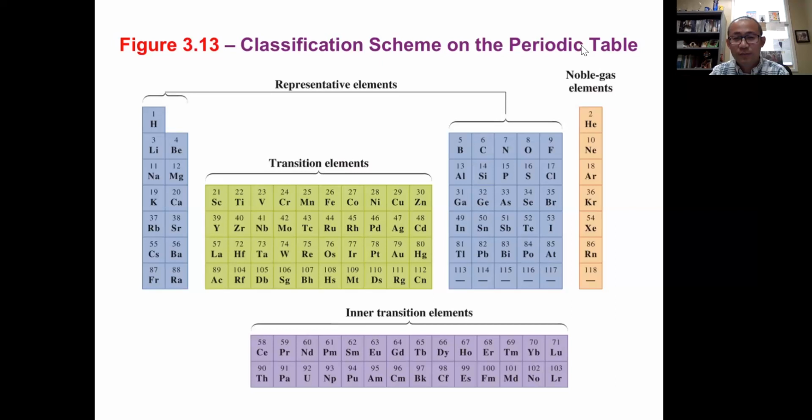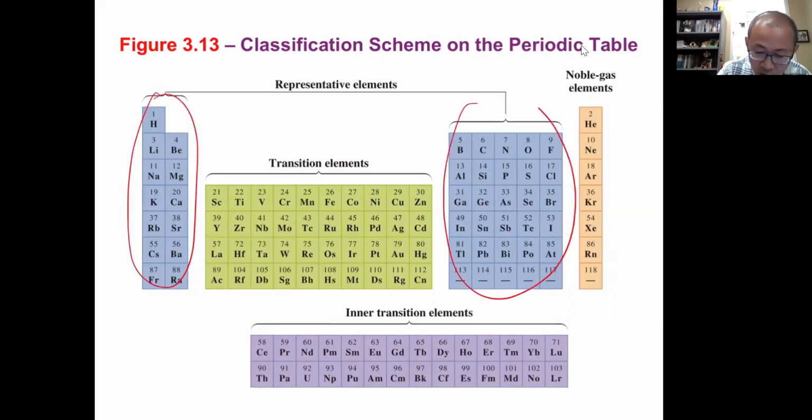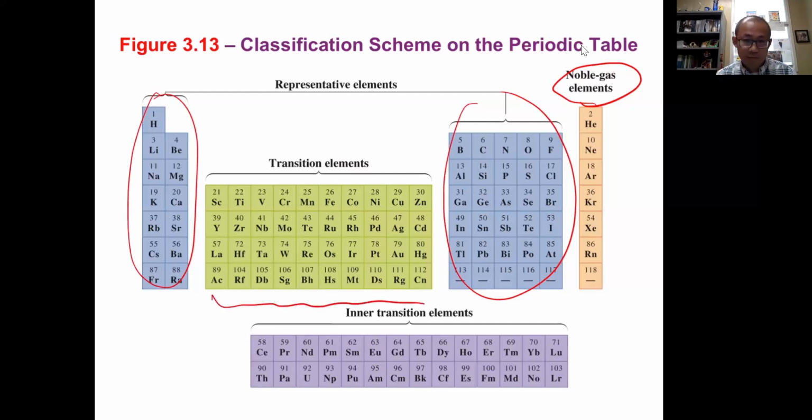Groups 1, 2, and 13 through 17, or 1A through 7A, are called representative elements or main group elements. Group 18 or 8A are called noble gases. We know they're called noble gases already. Then the B groups include transition elements and inner transition elements.